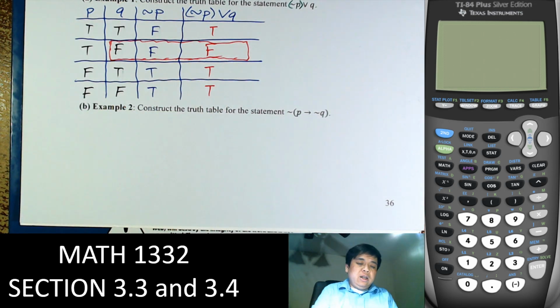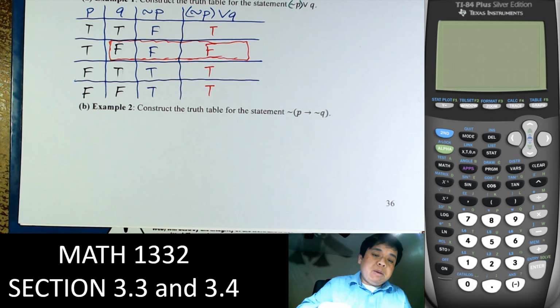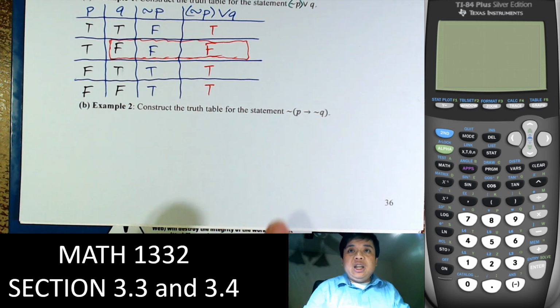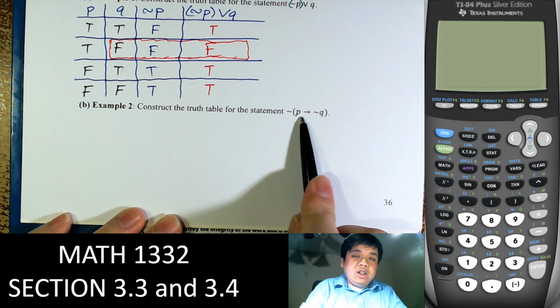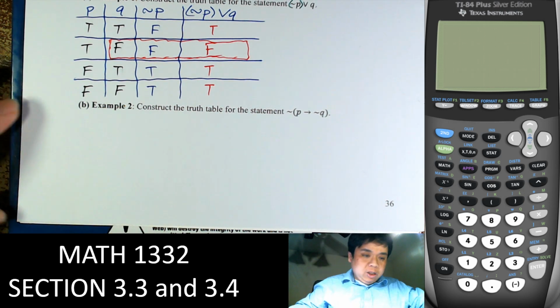Right. Next, I'll construct the truth table for the following statement. I have P and Q, two simple statements, and then we have the not, the implication, and the not.